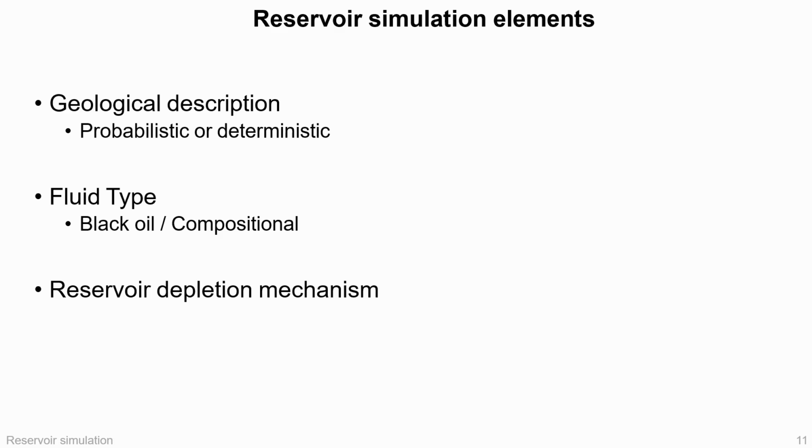possible scenarios. For fluid type, the choice between a black oil model and a compositional model is critical. Black oil is usually sufficient for many conventional oil reservoirs. Compositional models are needed when detailed phase behavior matters, such as gas condensate systems, miscible gas injection, or CO2 storage.